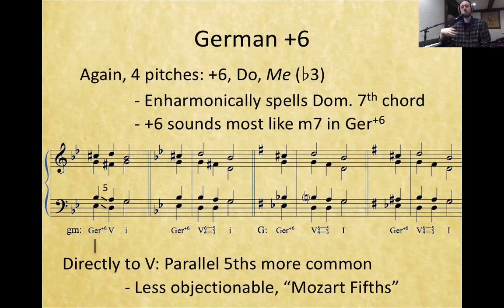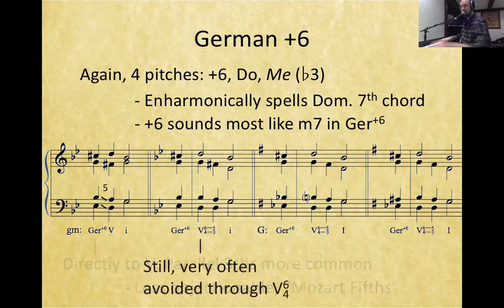And so it is a lot more common, as we see in the second example, to go through the cadential 6/4, because then the tenor and the bass voices, instead of being fifths, we can see the tenors hang out on B flat for a little longer in the cadential 6/4, and it's avoided.